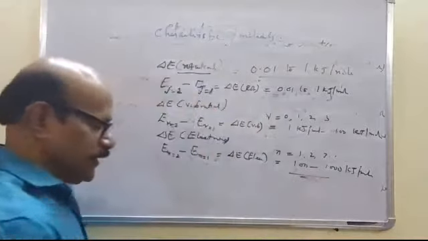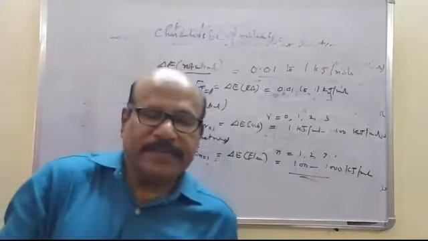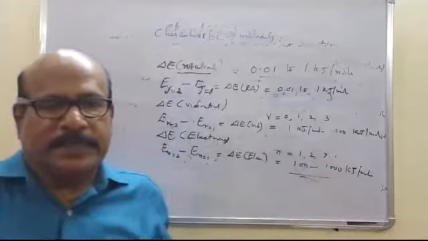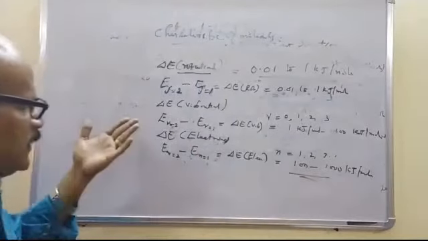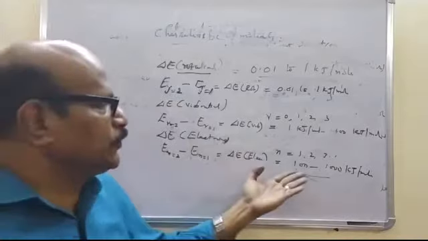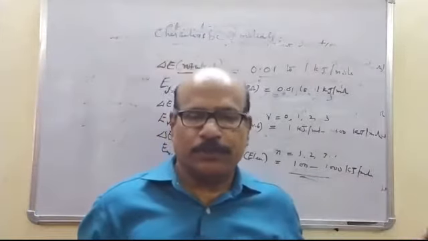So a molecule having characteristic electronic energy has electronic level differences of the order of 100 to 1000 kilojoule per mole.